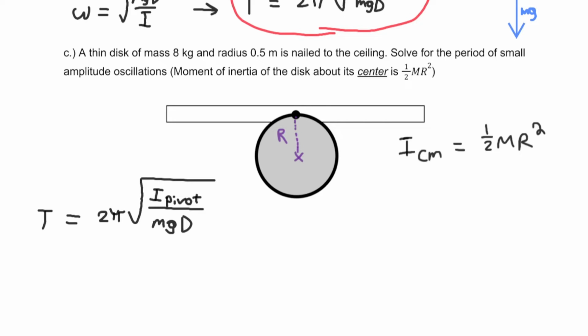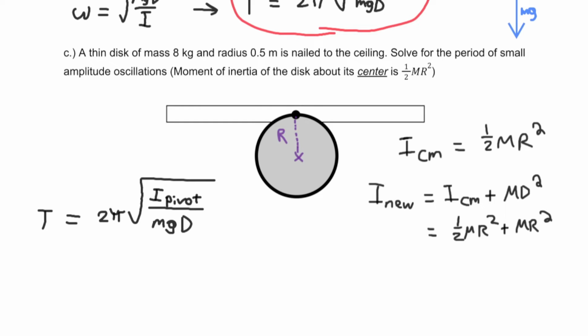So if you're ever converting between moment of inertia values, it's probably using the parallel axis theorem, which says that the new I value is equal to I through the center of mass plus md squared, where d is the shortest distance between the two axes. So 1/2 mr squared plus another mr squared, because the distance between the two rotation axes is just r. So we actually get 3/2 mr squared as our I about the pivot point.